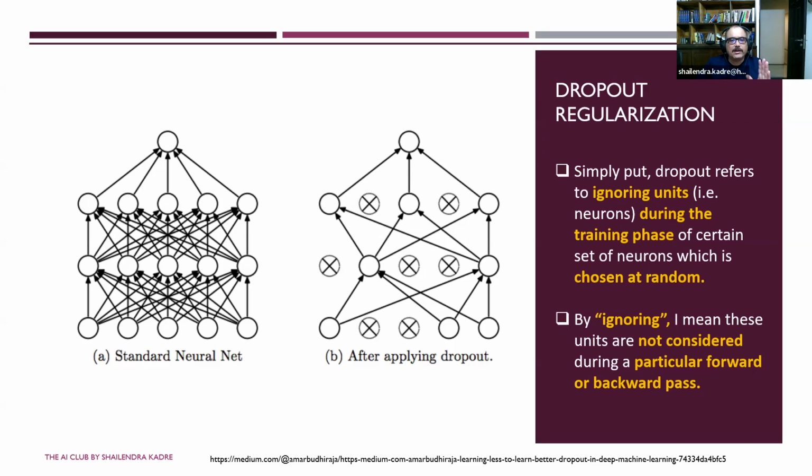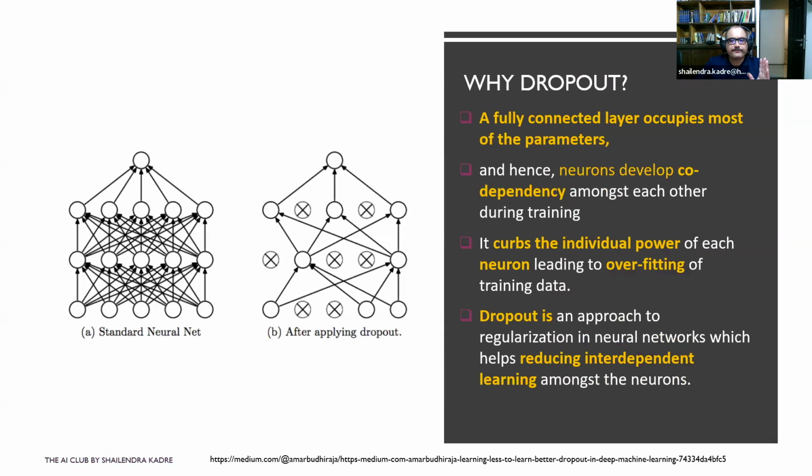Let us go to the next slide. Now, why do we shut off the neurons? What happens during the training in a fully connected network like I have shown in model A? There is some kind of localized interdependency formed between the neurons. When we do training, some kind of local dependency is formed between the neurons.